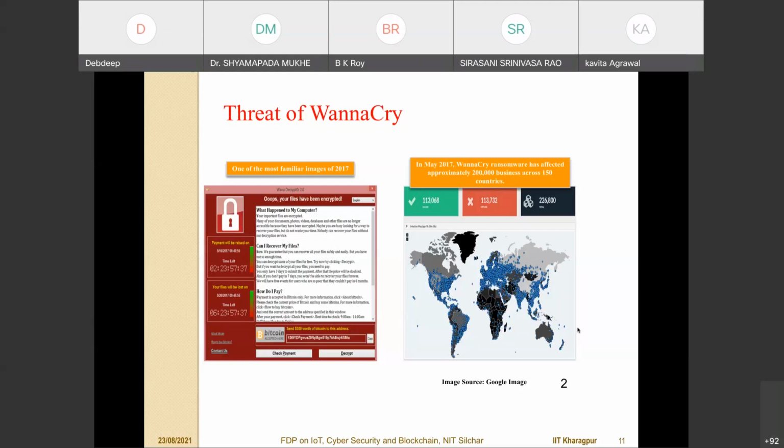Only if you pay it, apparently it will give back your data, or it may not give back your data. You can see that these ransomwares hit several lakh businesses across almost 150 countries, and you can easily see in the map that India was also not left out from this menacing threat.